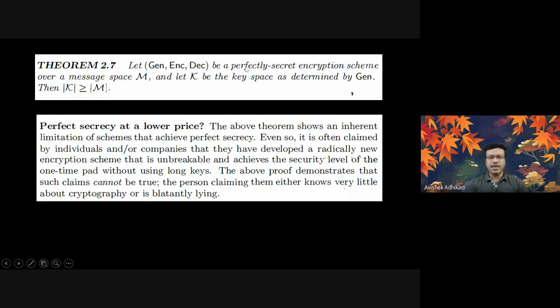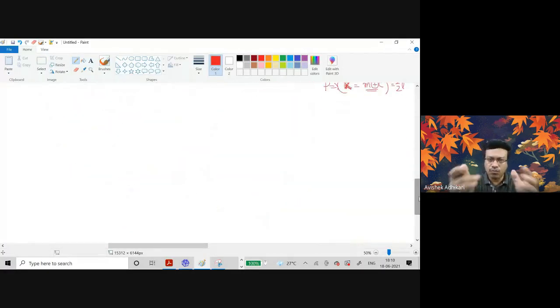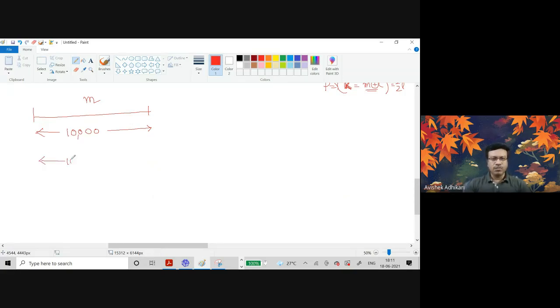But it says that if the scheme has to be perfectly secret, then the key space must be at least the size of the message space. As a result, when you are going to encrypt a message, for example, suppose you are going to encrypt a 1,000 or 10,000 bit long message, then you have to use a key which is also 10,000 bit long.